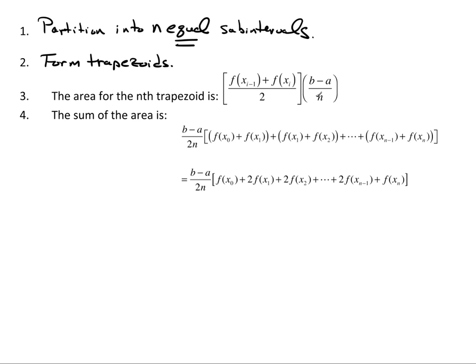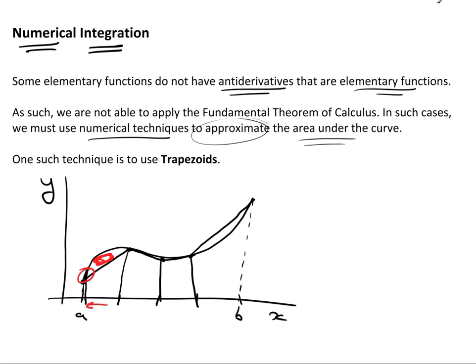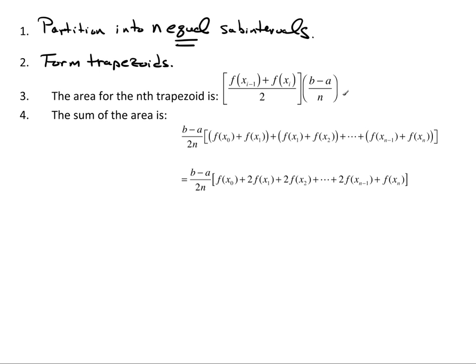Now this b minus a over n, let's think about this for a second. This is b minus a. This is the total distance right there. That's b minus a. Then I'm going to divide it by n, where n equals the number of intervals.